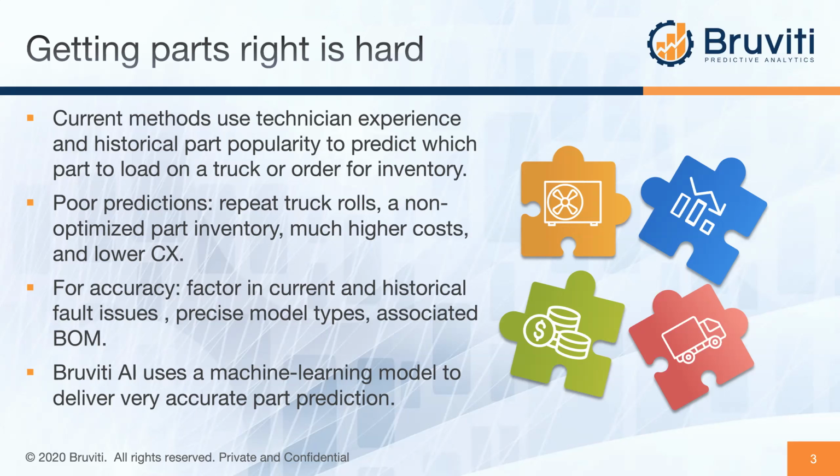For this, Brewity has developed machine learning models for part prediction for specific device types with data sources that include the current, but also a large amount of historical data on fault issues and bill of material information from specific models.